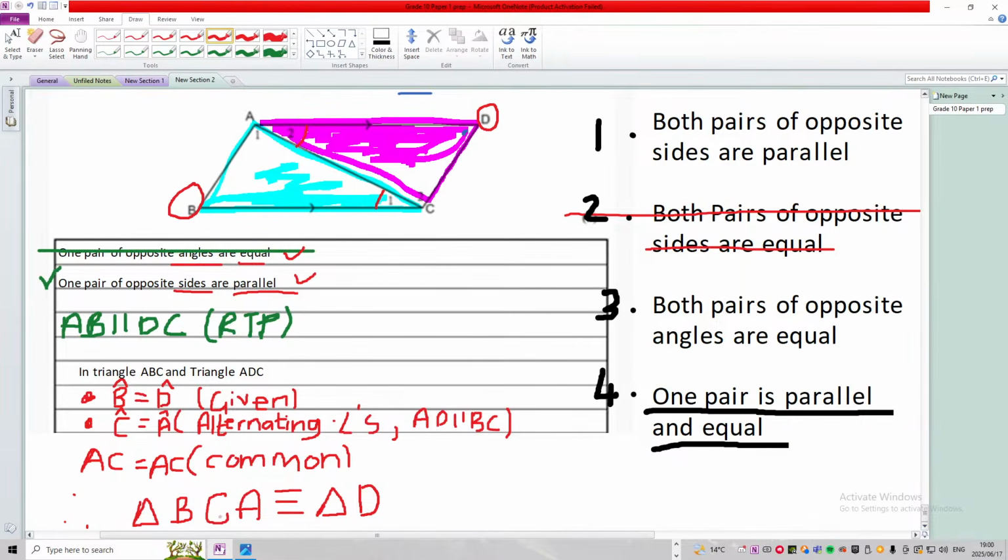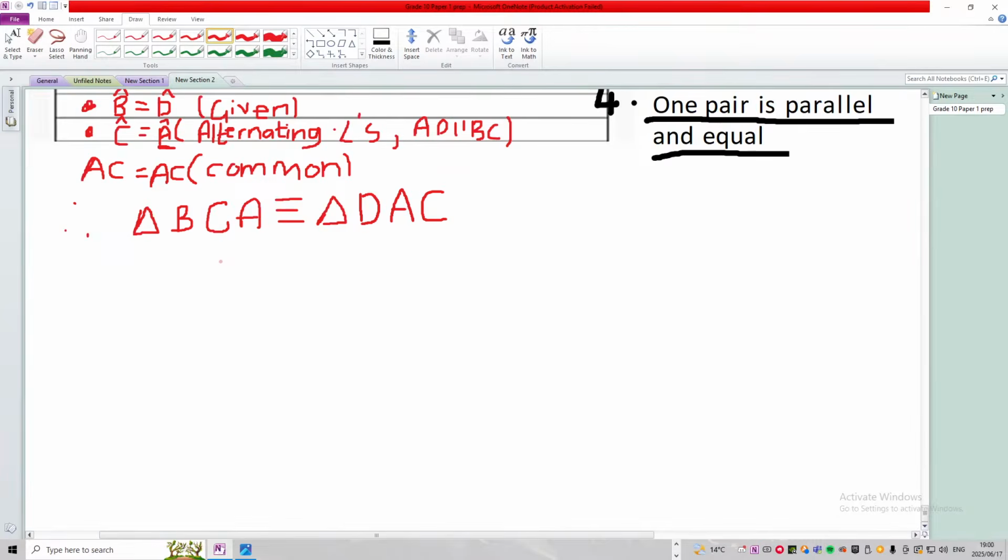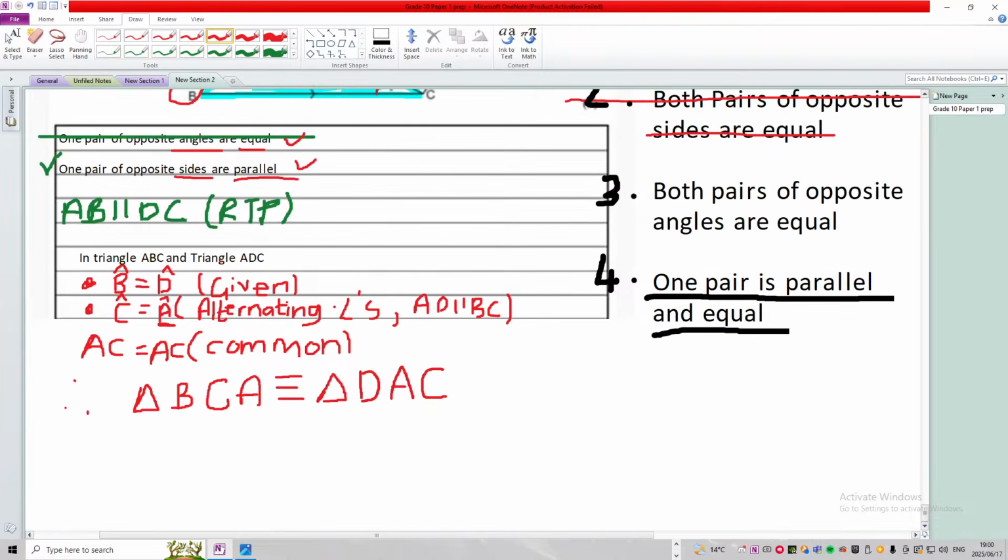You see BCA. So if C is the next one, which one was equal to C in the first triangle? It was A. See, there's the A. So the second triangle must say D, A, and obviously now I'm going to end off with C. Now that I have this order, I can conclude that angle B here will equal that angle D always.